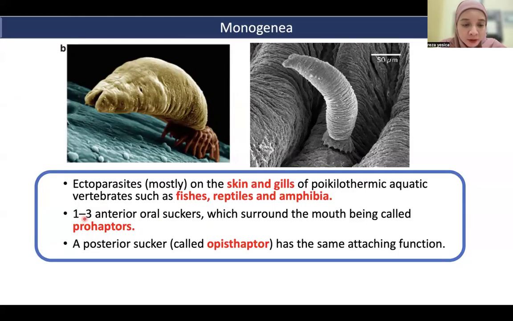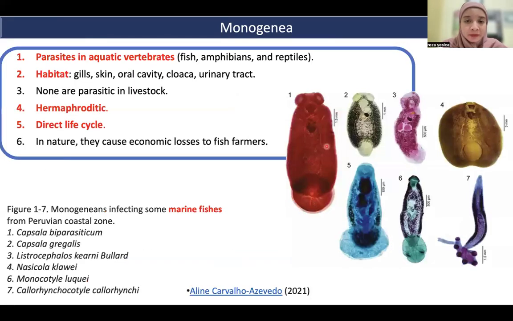They have one, two, or three anterior oral suckers around the mouth, called prohaptor. This one is the prohaptor. And in the posterior, they have the opisthaptor. It's almost the same as the pelvis in the Aspidogastrea order, and the function is for attaching to the host's body.